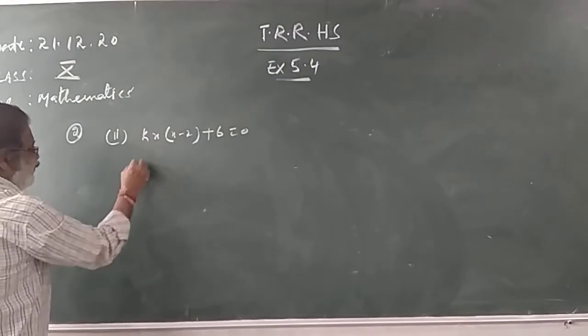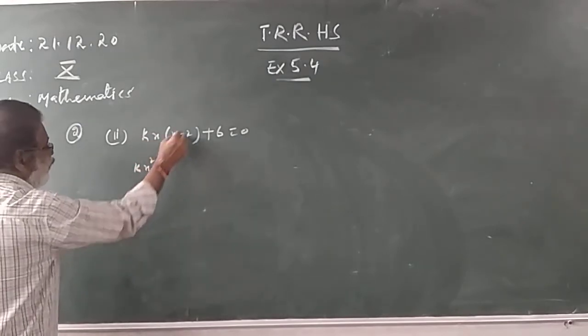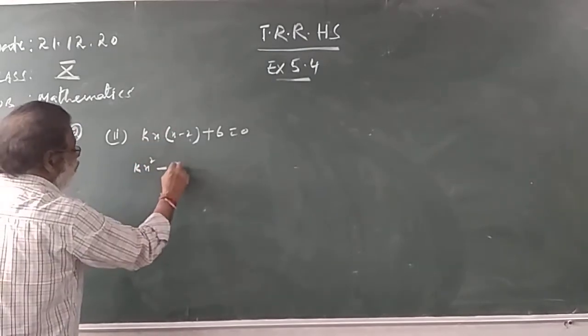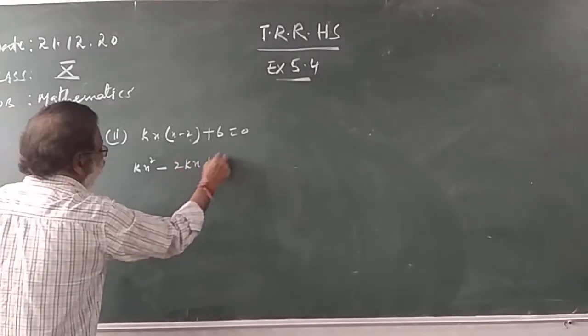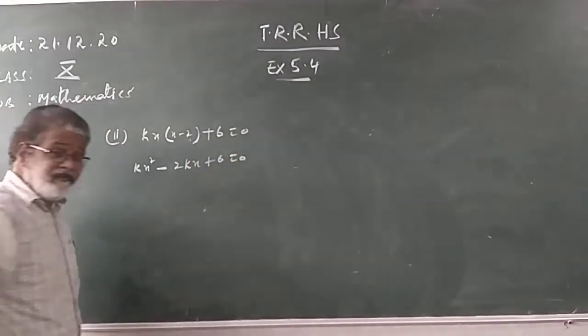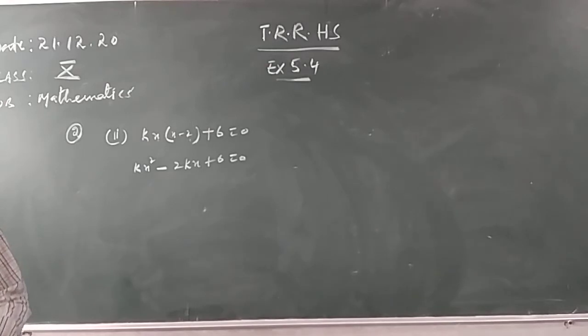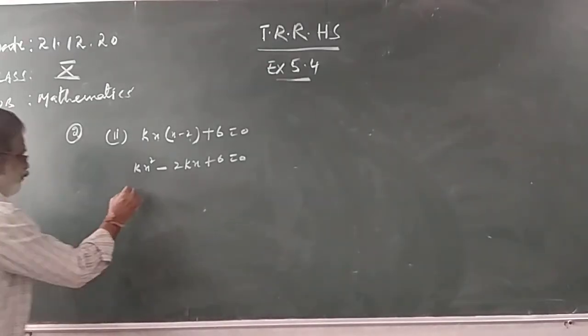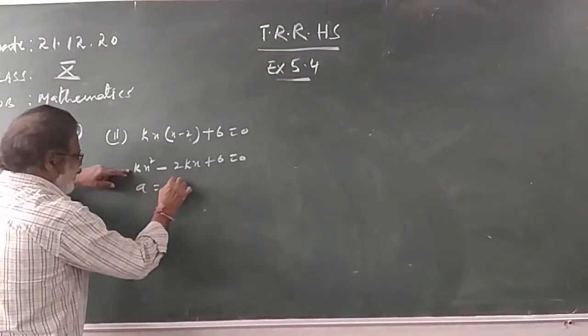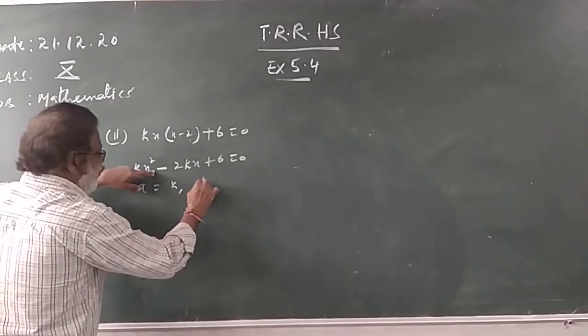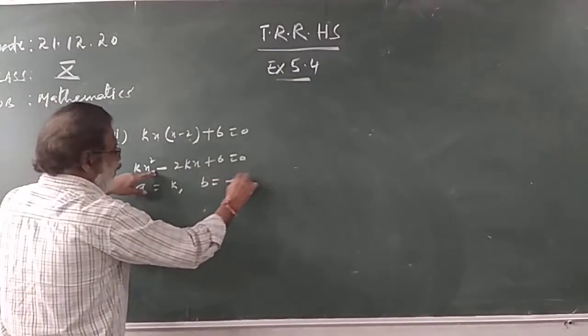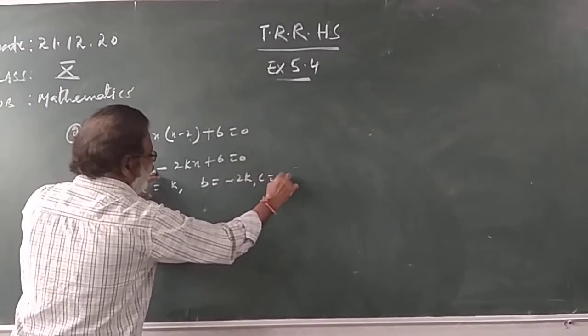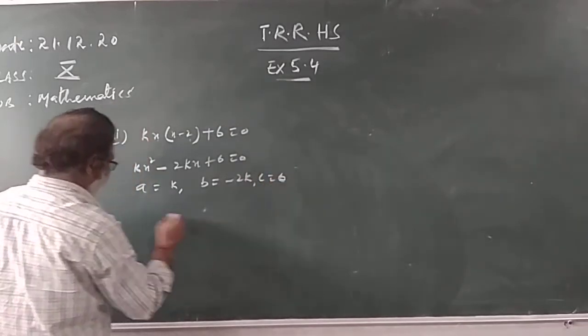So kx into x, kx square minus kx into 2, minus 2kx plus 6 equal to 0. This is the quadratic equation. What is the condition? They have equal roots. Write the coefficients. A is equal to k, b is equal to minus 2k, c is equal to 6.